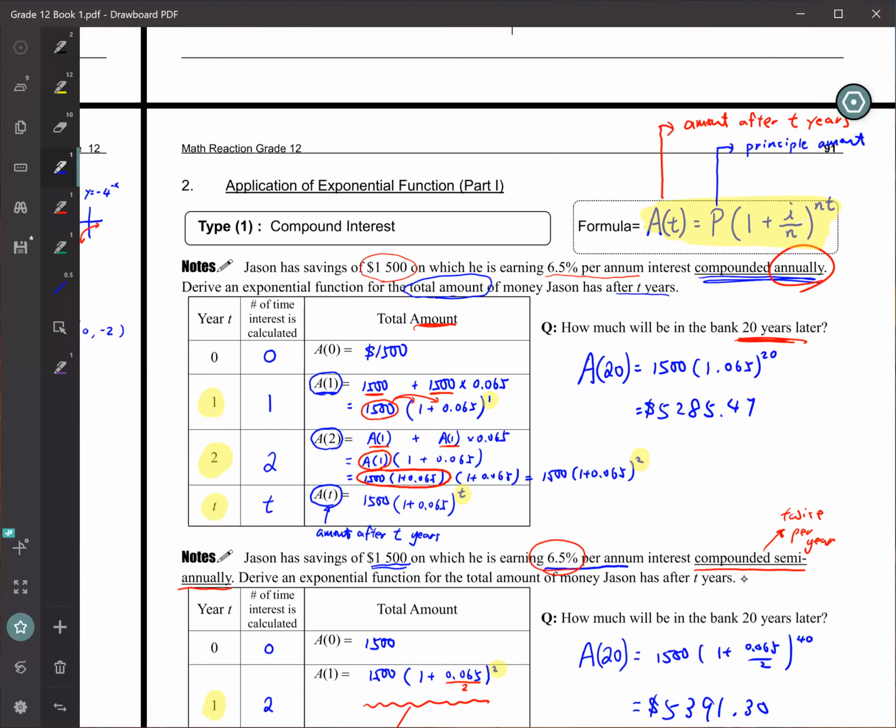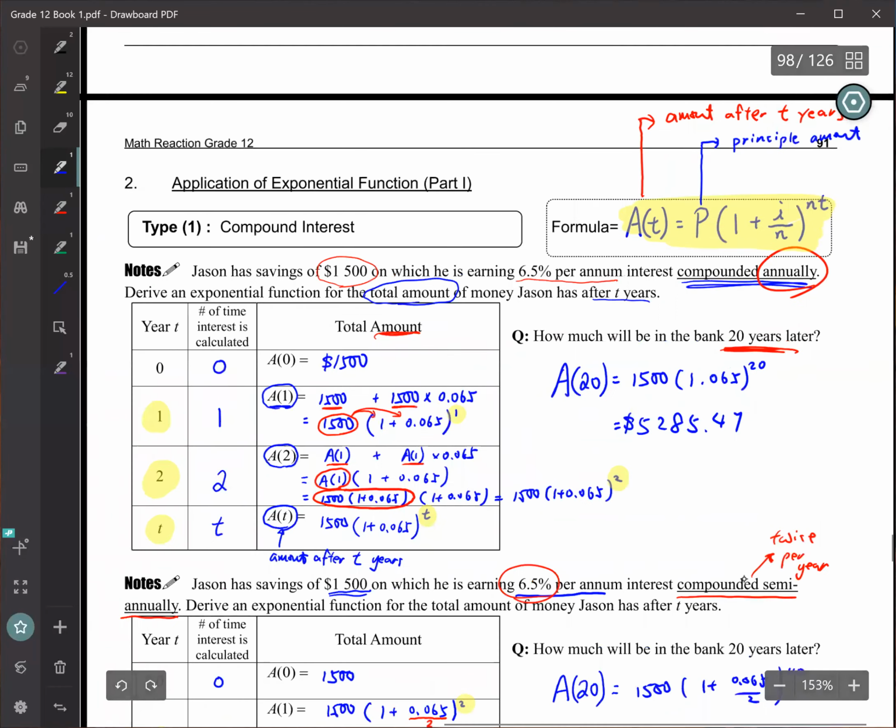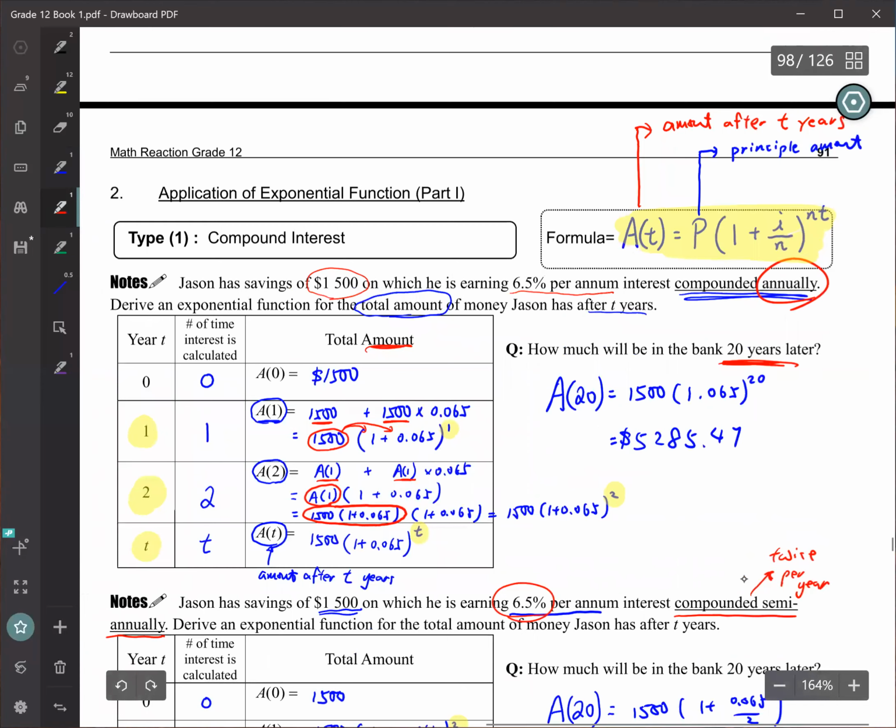The amount you put into the bank, the 1500. And then the I is the interest rate. Okay, make sure it's in decimal. And T, of course, is the time, right? The time that you put the money inside.